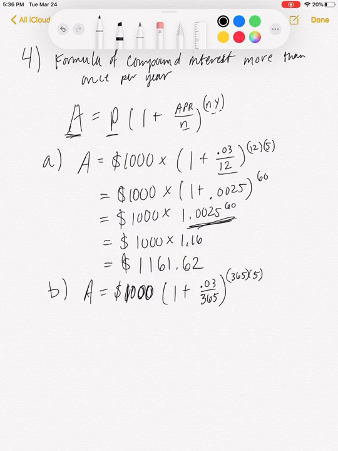Okay. All right, so what is that going to be? We have $1,000 times the quantity 1 plus, now 0.03 over 365 is a very small number. I'm starting with a small number, dividing into smaller parts. So it's 4 zeros there and 8219, to the 1825. So 365 times 5 is 1825.